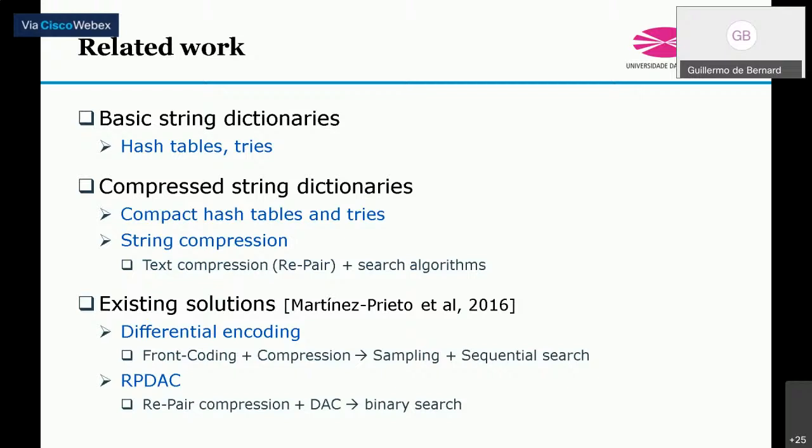The other solution is RDAC, which is based on a compression technique called Re-Pair that is used to compress the full sequence of strings and is combined with a kind of binary search algorithm to locate the appropriate string in this collection. Our idea essentially combines ideas from both of these and uses some ingenious algorithms to improve their performance.